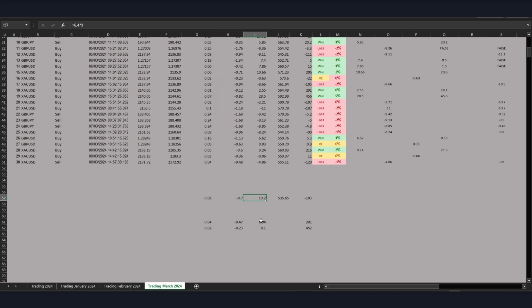It's 19. So overall, if I have these partials at 20 and, so if for the same position I have this percentage at 20 pips and this one at 45, I am still earning less.